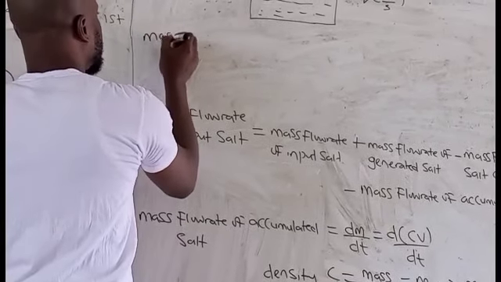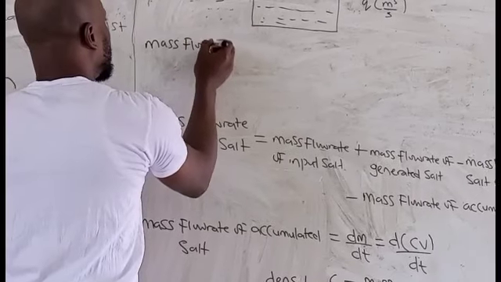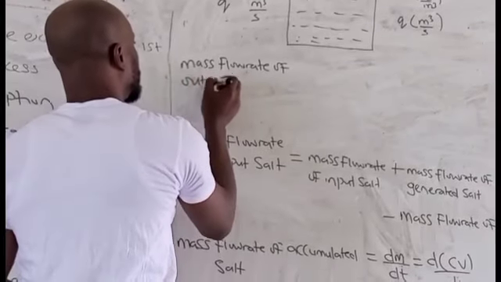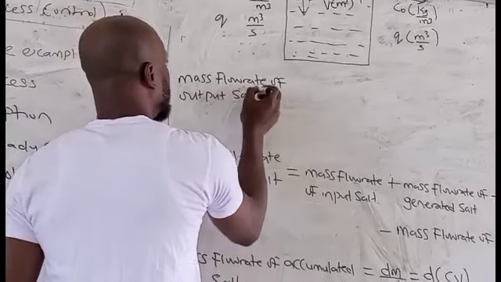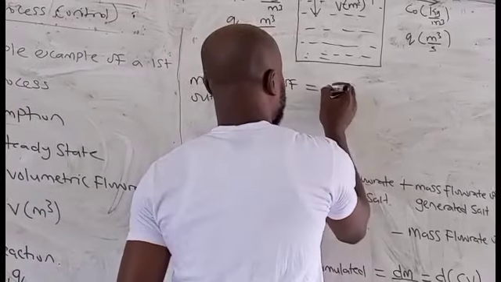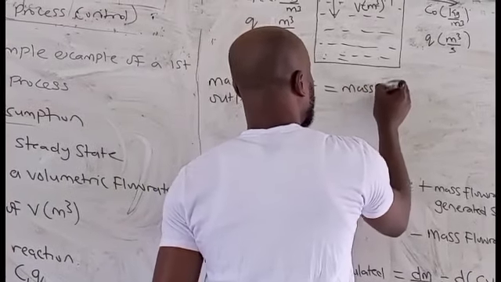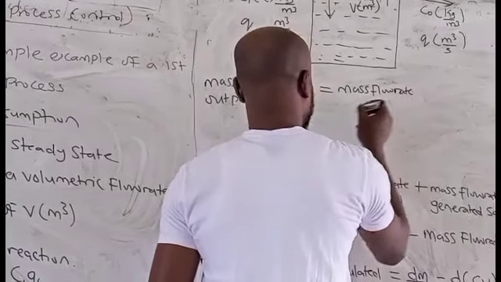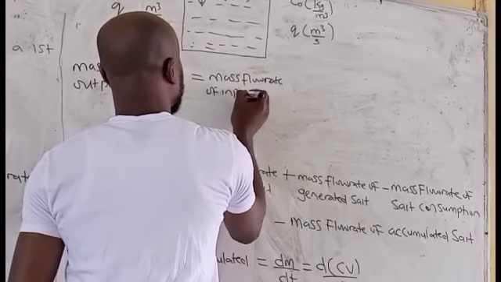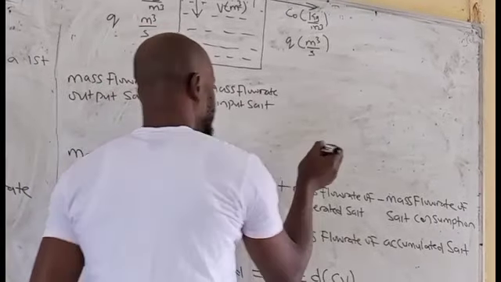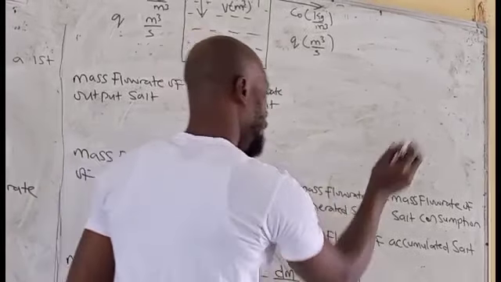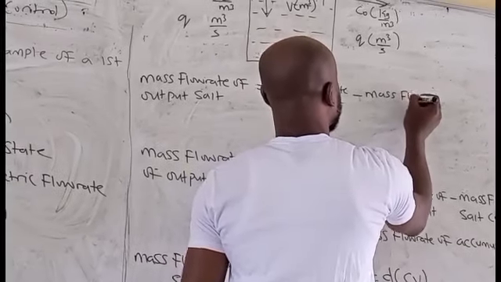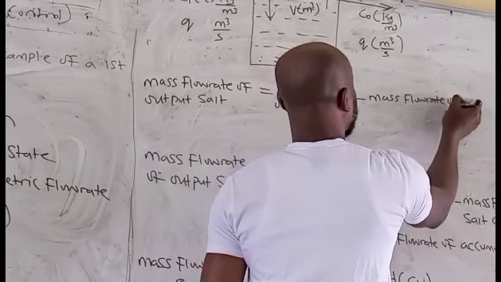You have mass flow rate of output salt equals mass flow rate of input salt, this one is zero, this one is zero, minus mass flow rate of accumulated salt.